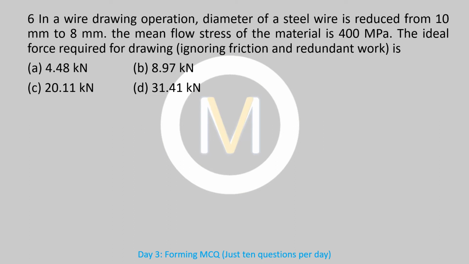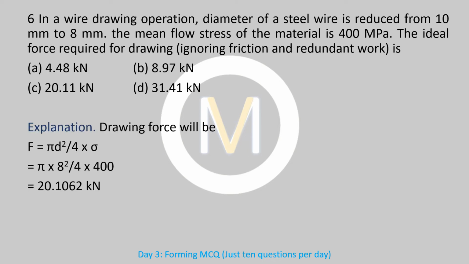So here you can see, the best type of solution is to directly see the values. We need force, we have stress, so we just need to multiply with area. So what will be the area here? Area will be the area of the final wire. So that will give the wire drawing operation force.